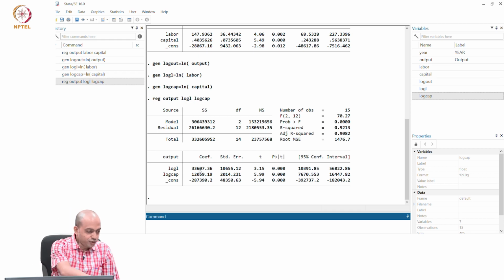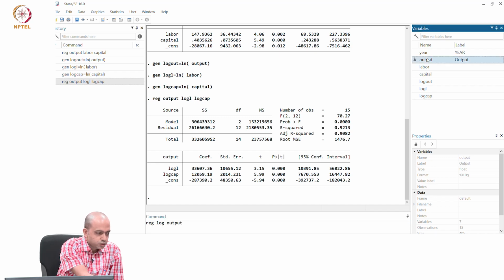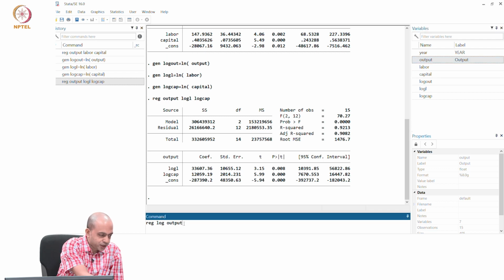Okay. Now, the third model is called log linear model. That means my dependent variable is log transform, but independent variables are not. So, what we will do? We will regress this type of regression, reg log of output, here I have given a different name.